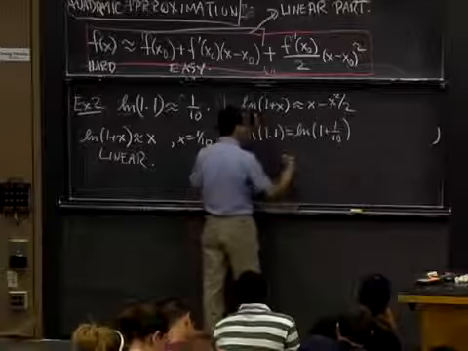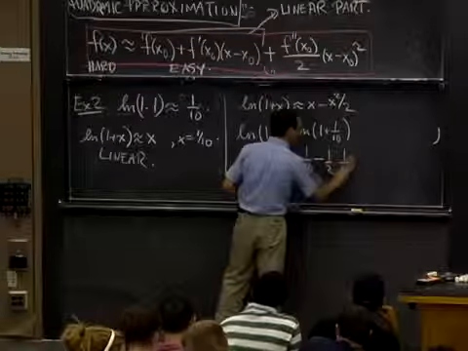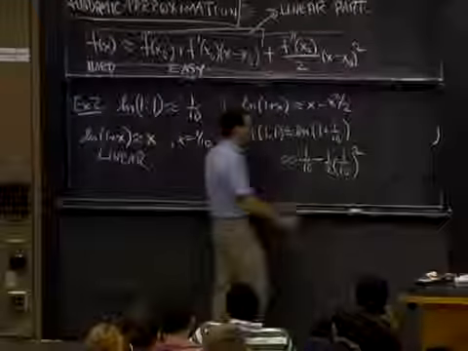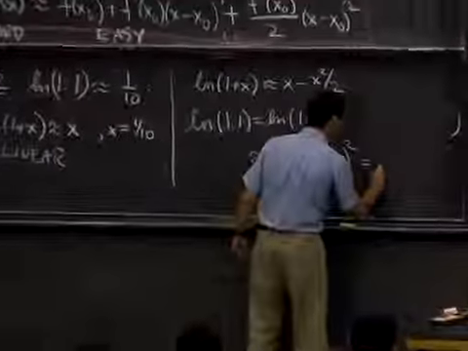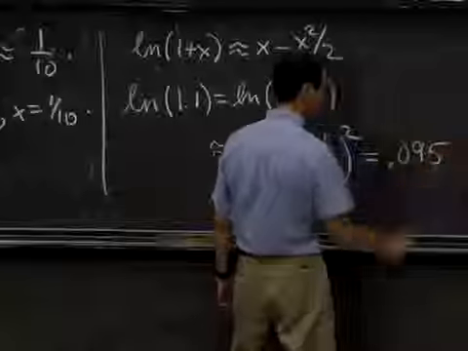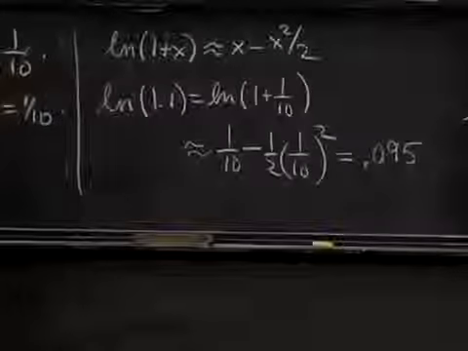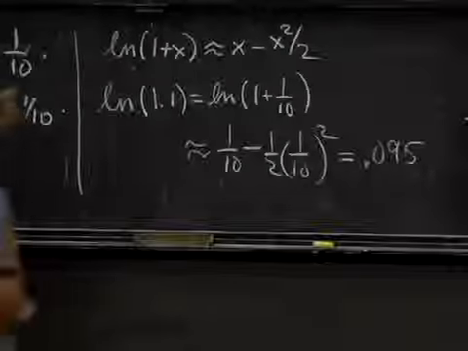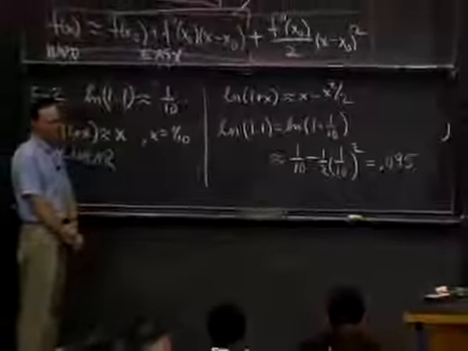So that's approximately a tenth minus a half 1/10 squared, right? So 1/200th. So that turns out, instead of being a tenth, to be 0.095 or something like that. It's a little bit less, all right? It's not 0.1, but it's pretty close. Okay? So if you like, the correction is lower in the decimal expansion.